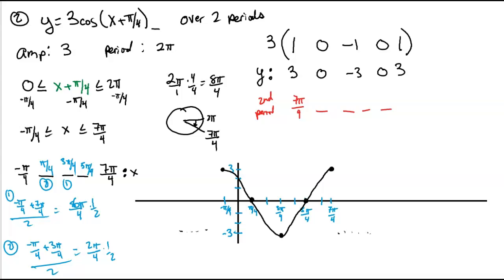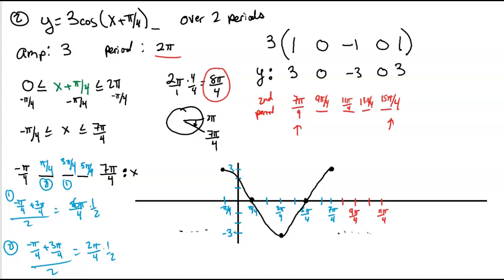So 7 pi over 4, this would become 9 pi over 4, 11 pi over 4, 13 pi over 4, and then finally 15 pi over 4. Notice the difference between the start and the stop is 8 pi over 4, which happens to still be our period. Now you can graph this without drawing this out: 8, skip, and then 9, skip, and then 11.